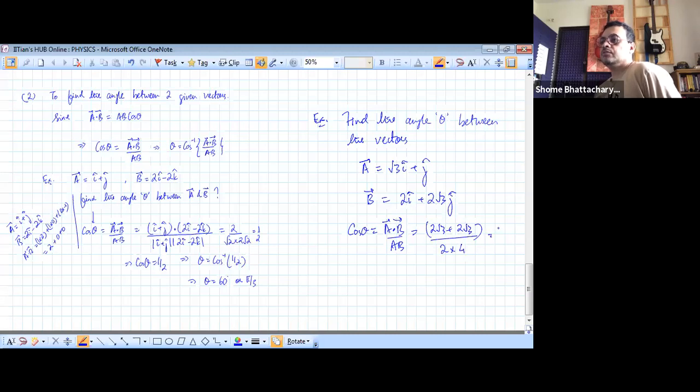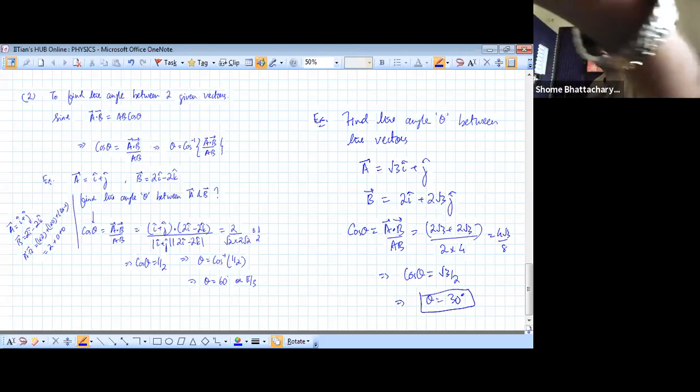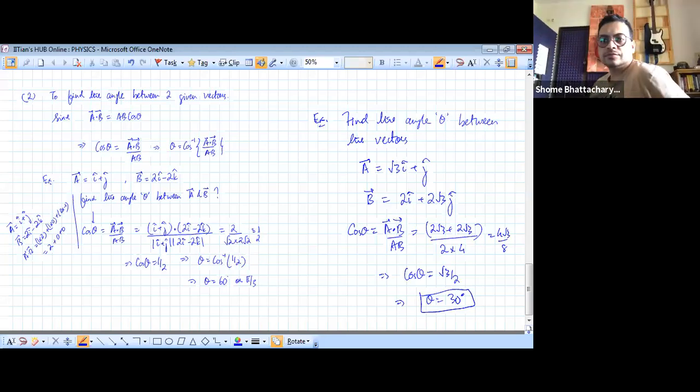So it is 4 root 3 divided by 8. So cos theta is equal to root 3 by 2. So theta becomes how much? It becomes 30 degrees. Okay. So this is another important application of dot product which you should understand. Okay, so people hope this is clear.